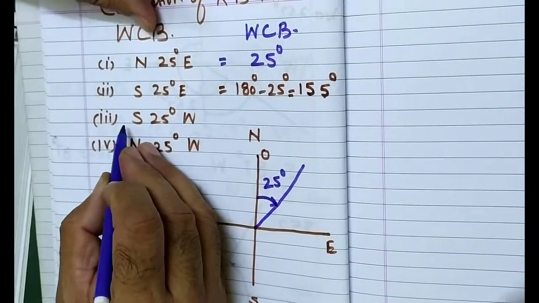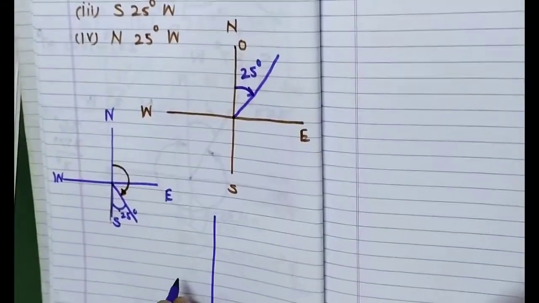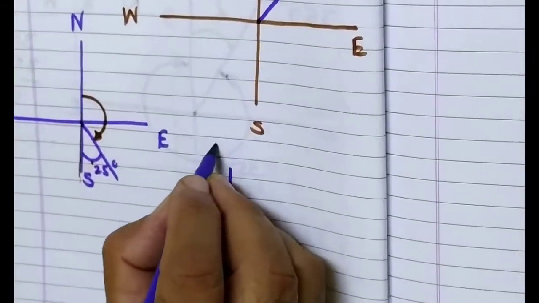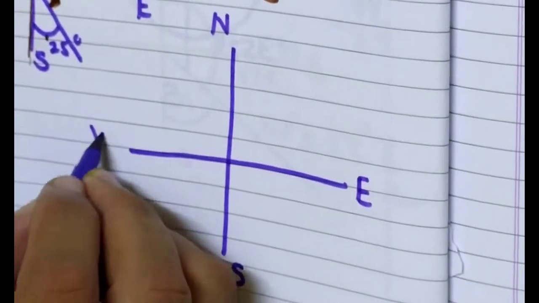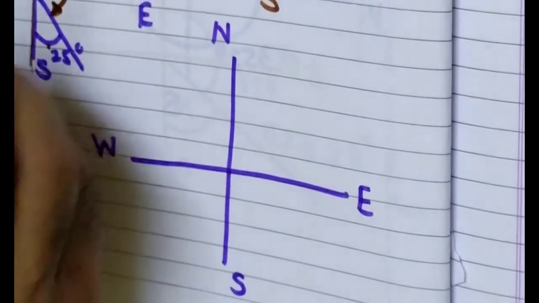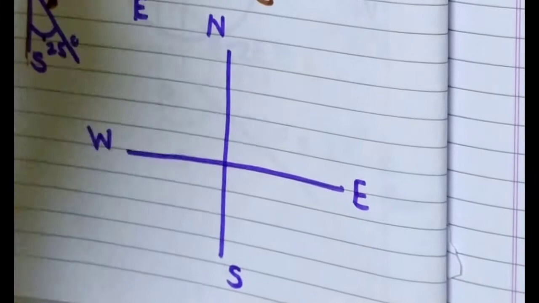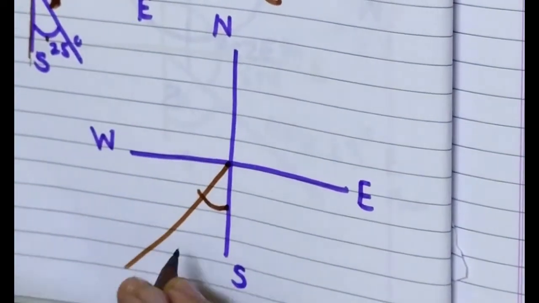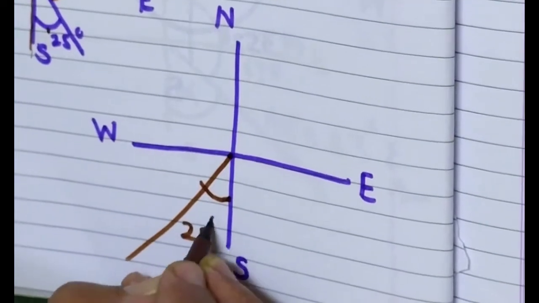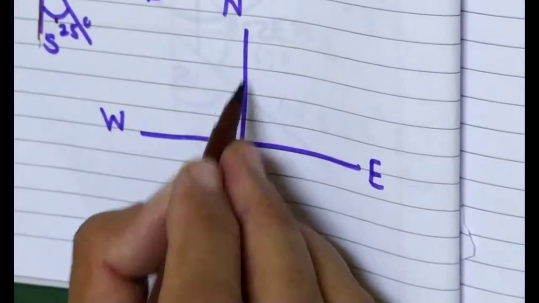So now we will take the next. The quadrant is the third quadrant, the southwest quadrant. Again you will draw the poles, and again write north. Now the bearing is south 25 degree west. This angle is this one. The southwest quadrant is this one. Here is the angle 25 degree. Okay, we have to take the bearing of this line with the north.